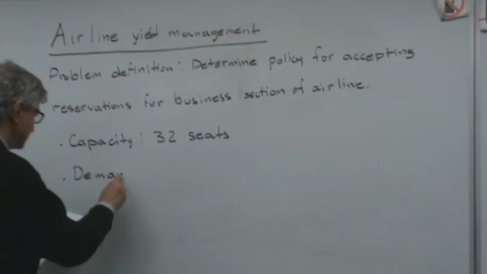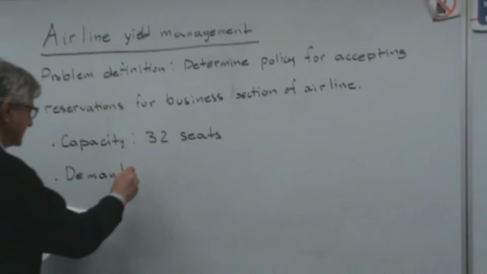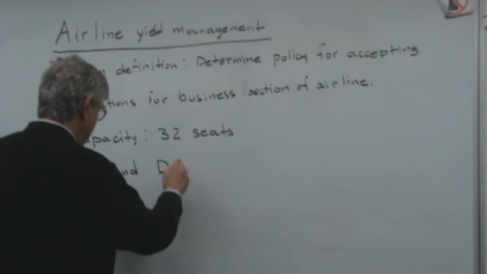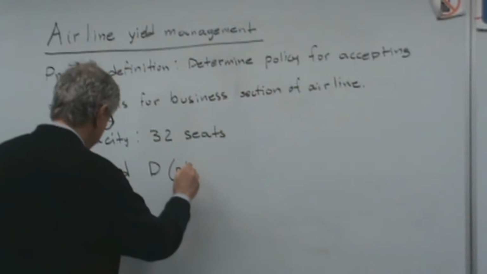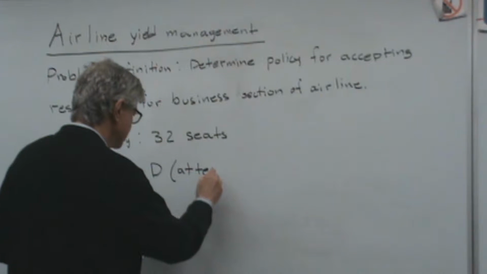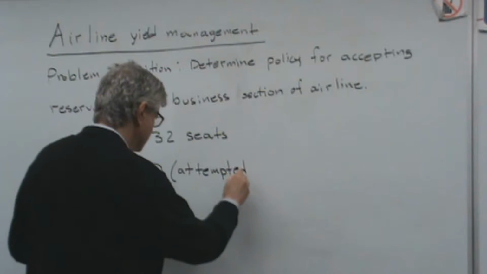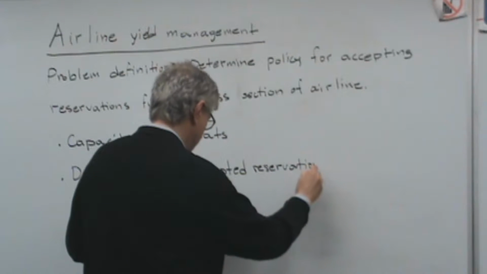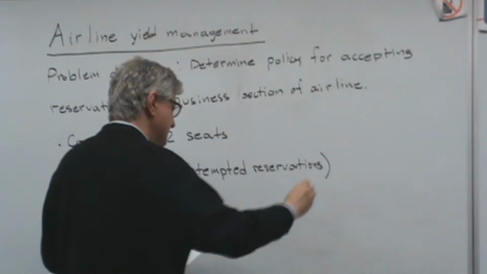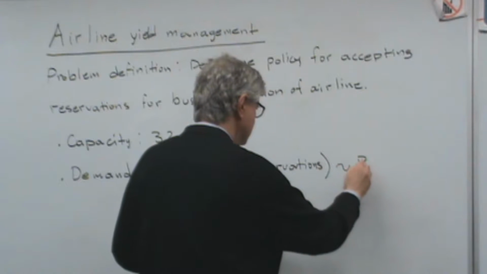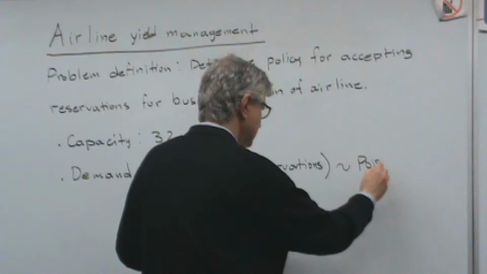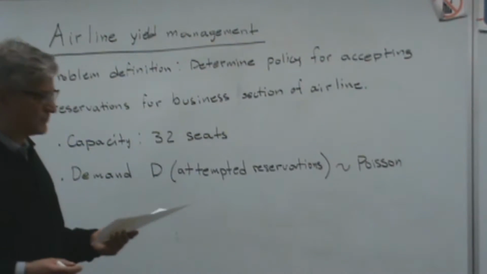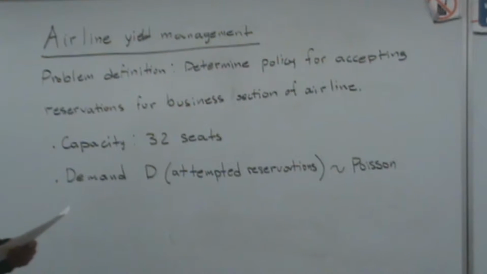So the demand, which of course is random, D, which are the attempted reservations, is Poisson. It's represented by a discrete variable that follows the Poisson distribution.